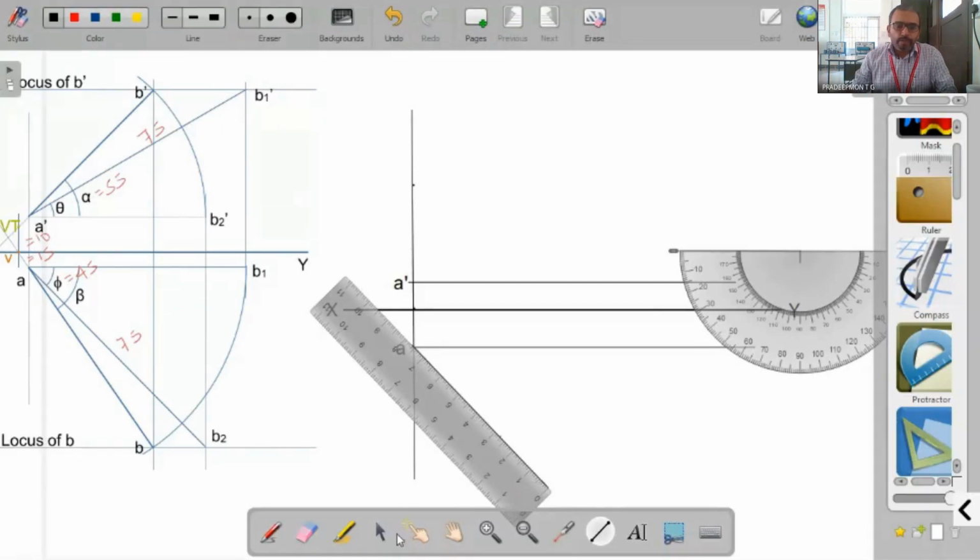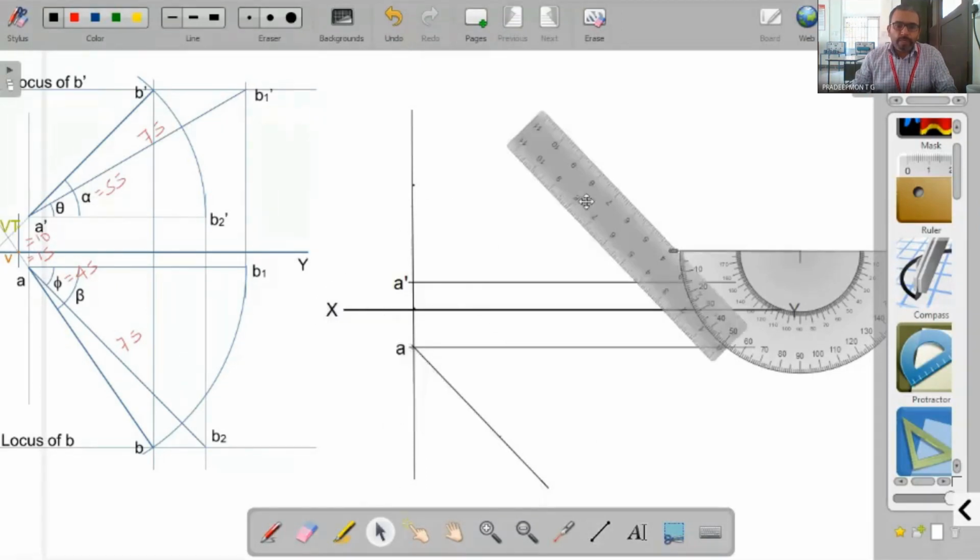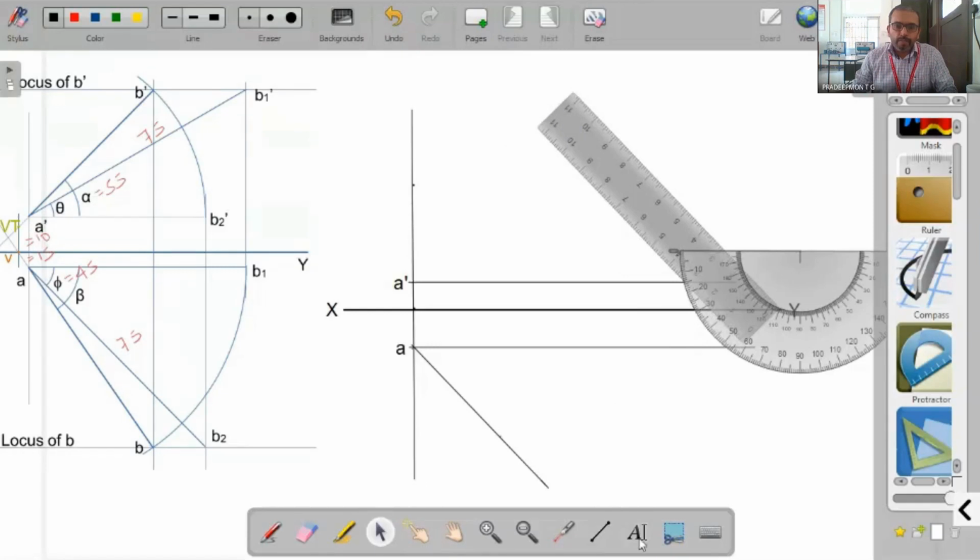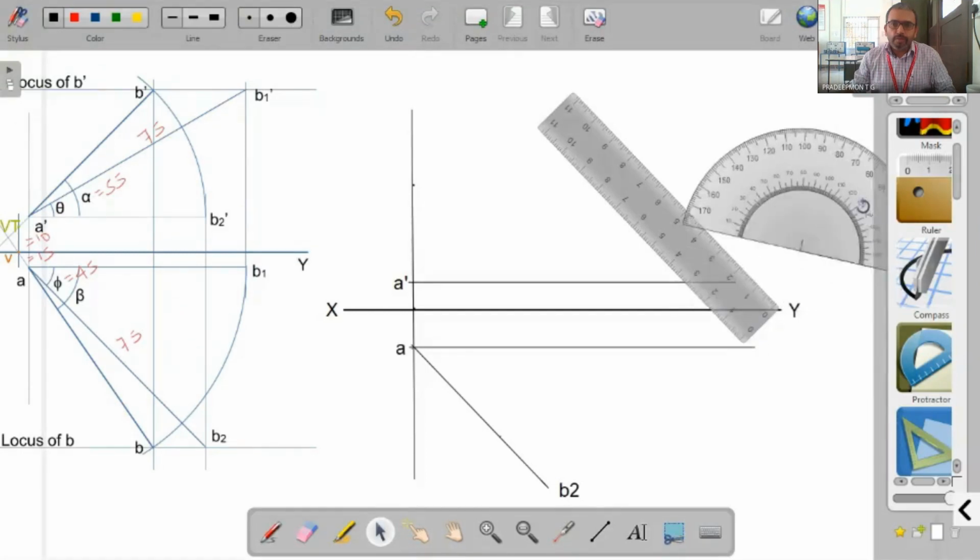The point that we obtained right now is the point B2. Now what we need to do is draw that 55-degree line.